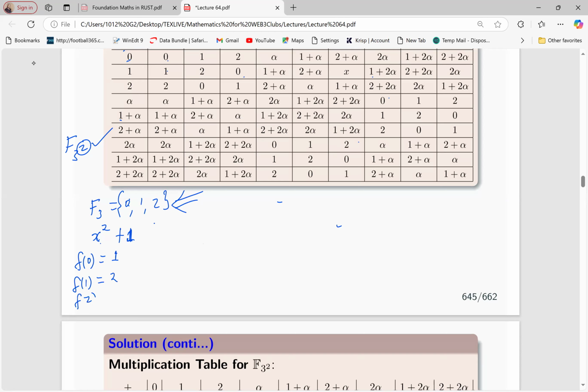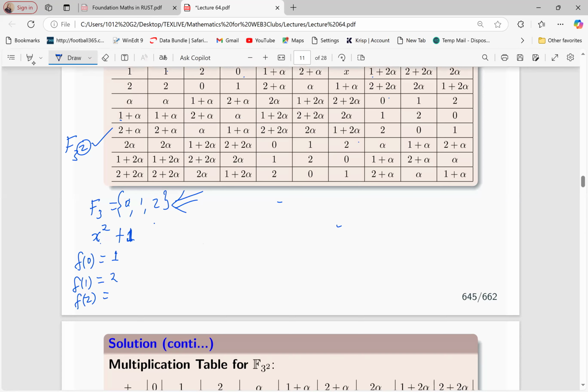What about f of 2? F of 2 will be 2 squared, which is 4, plus 1, which is 5, mod 3, which is 2. So none of these is a solution, and therefore this polynomial, f of x, is irreducible.